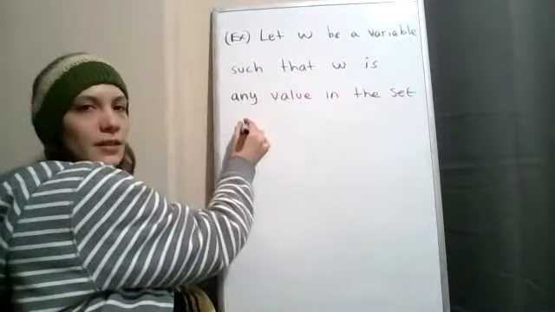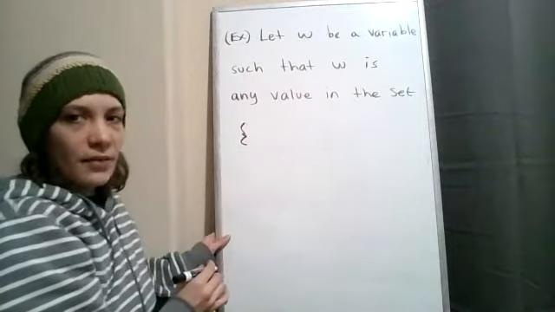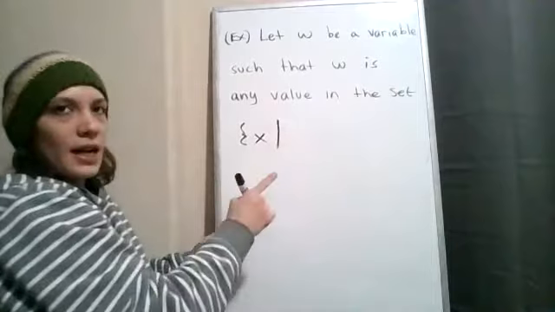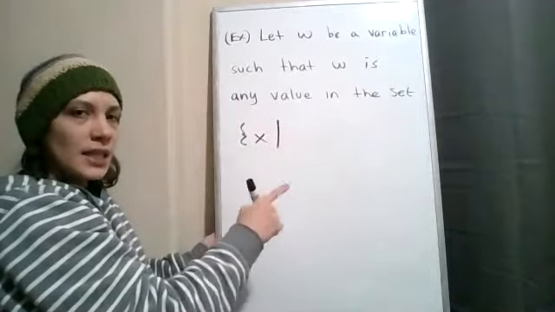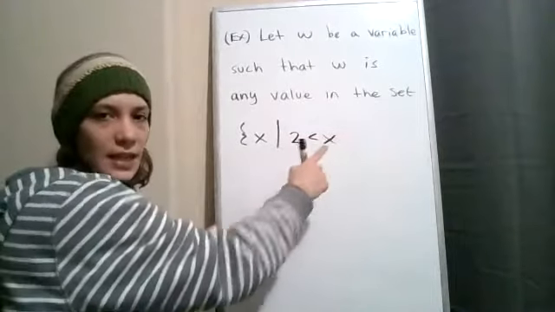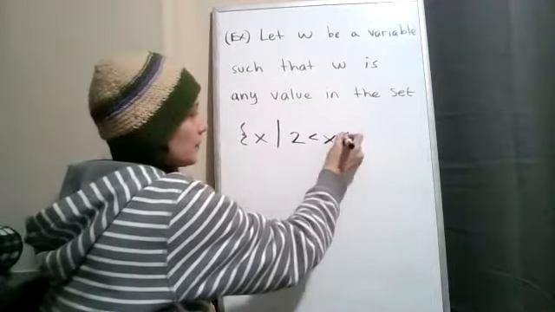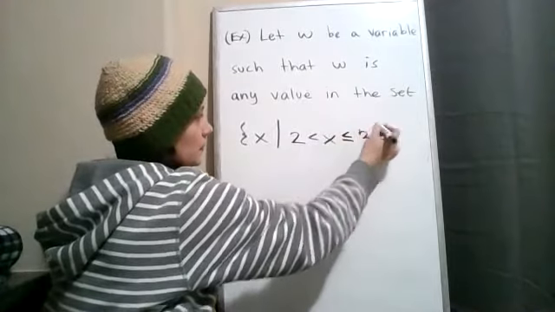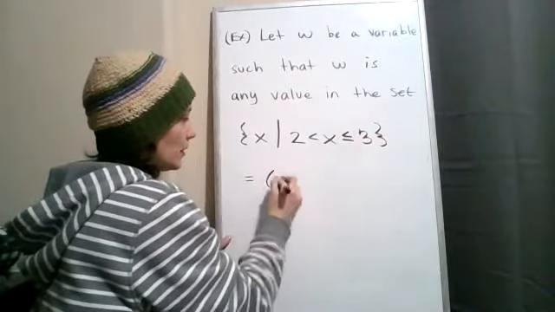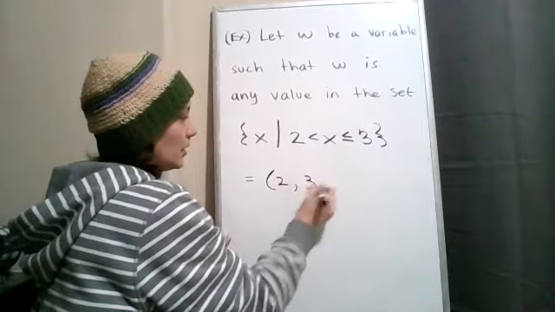Okay, so your set starts. We're going to have x values such that 2 is less than x, and x is less than or equal to 3. So don't include 2, you do include 3.